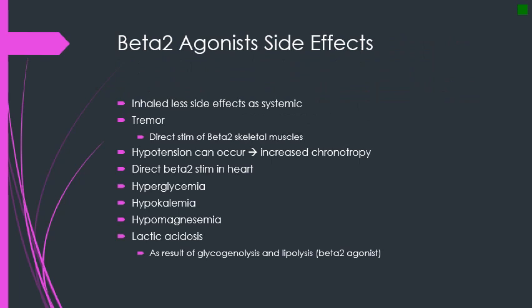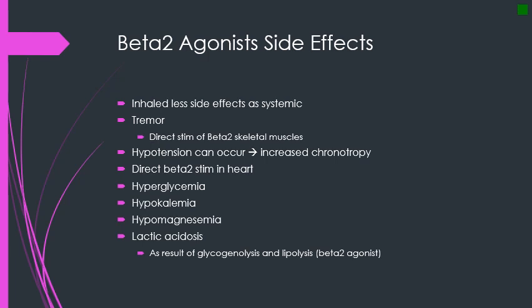The worst side effects that you're going to see for those beta 2 agonists have a tendency to be worse for systemic administration as compared to the inhaled administration, and that makes sense, seeing that inhaled is much less effective as compared to the systemic.